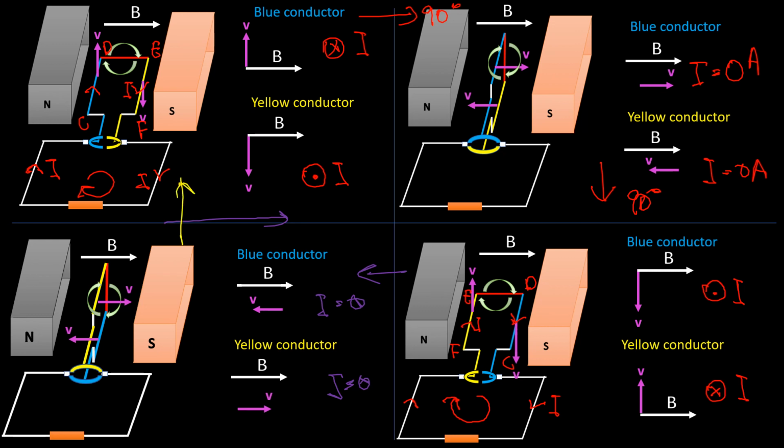For the first one, you have positive, then 0 for the second diagram, then again positive maximum, and then fall back to 0. So you get this type of current or induced EMF. So this is known as DC current, direct current.